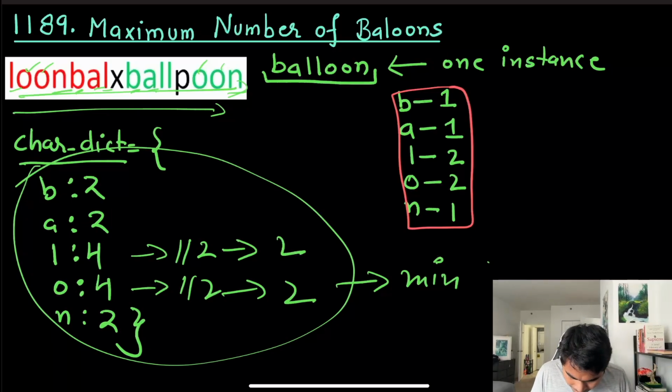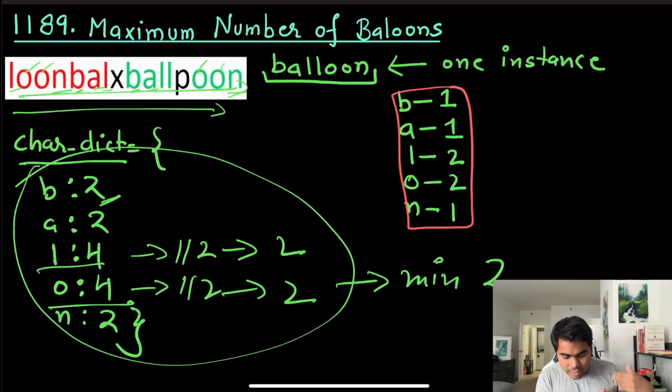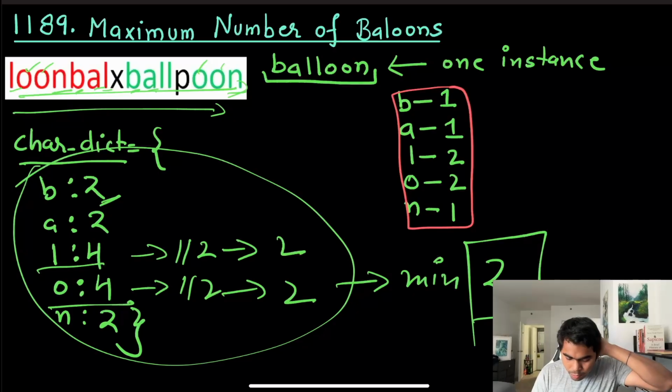This will be 2, because that's the minimum value, and they're all equal to 2. The reason I divided is because I'm going to use L and O twice.